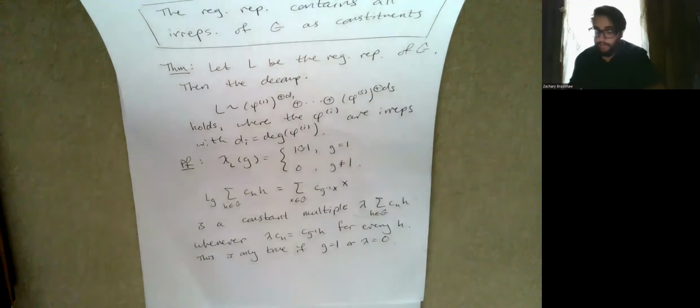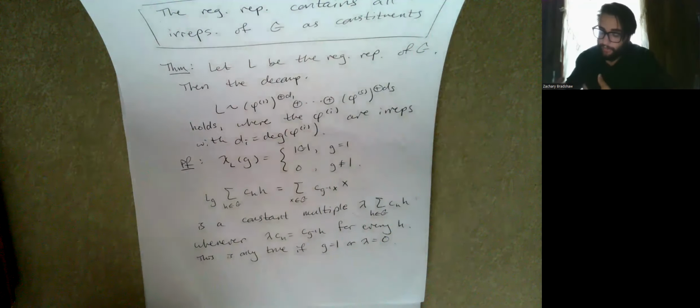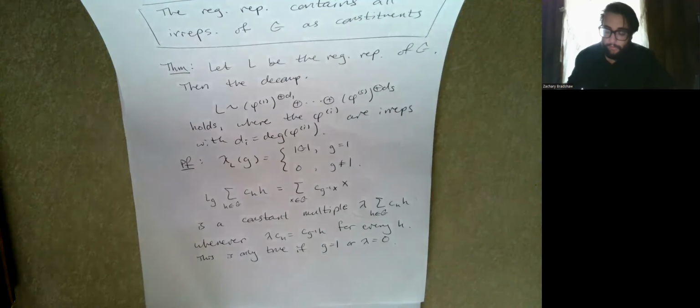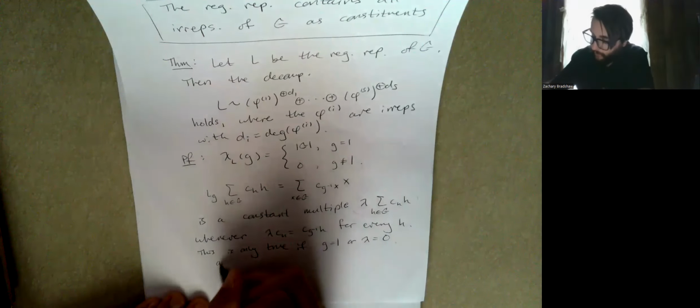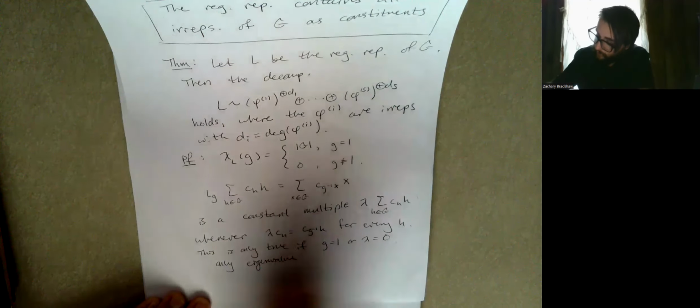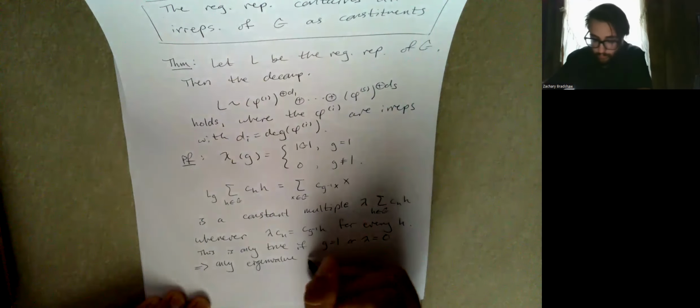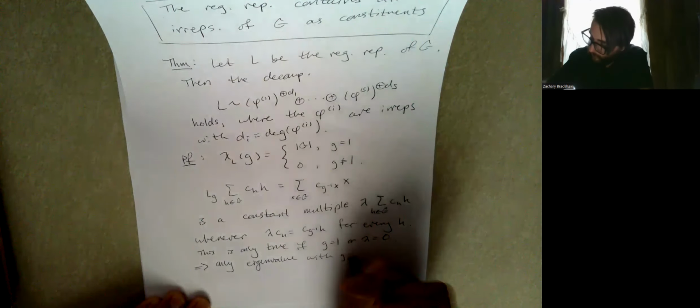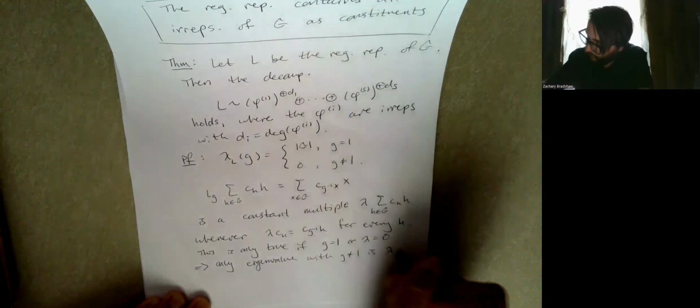So that means that the only eigenvalue of L_G with G not equal to 1 is lambda equals 0. Okay, let me write that. So the only eigenvalue with G not equal to 1 is lambda equals 0.